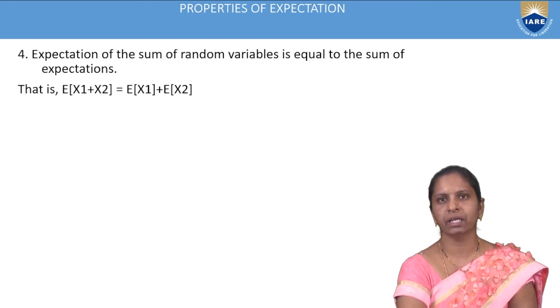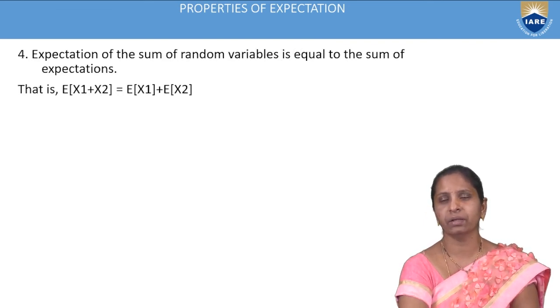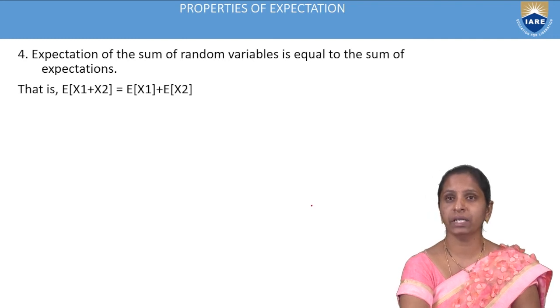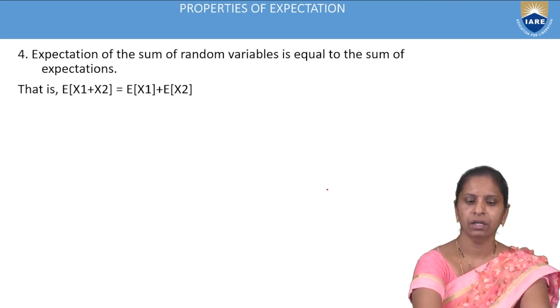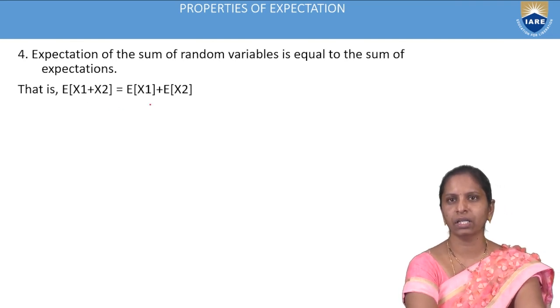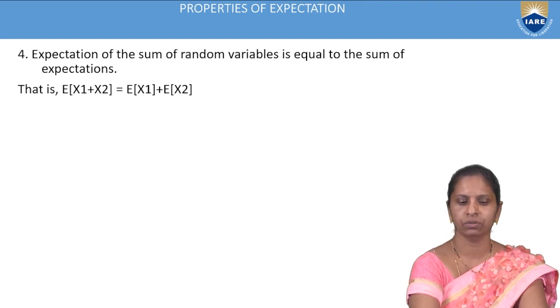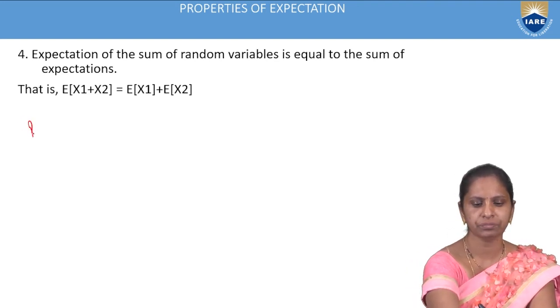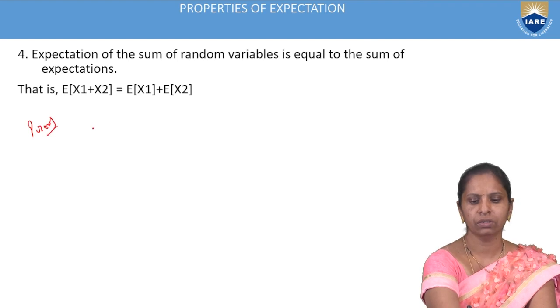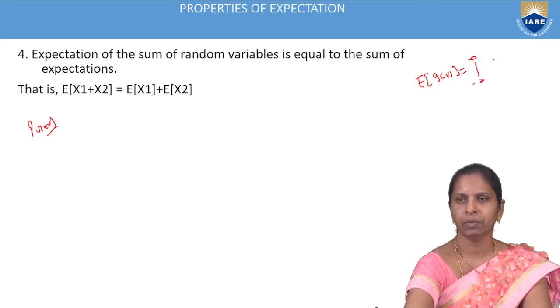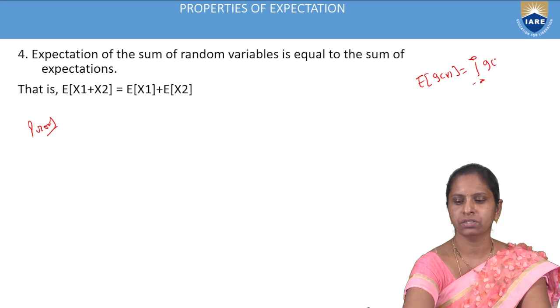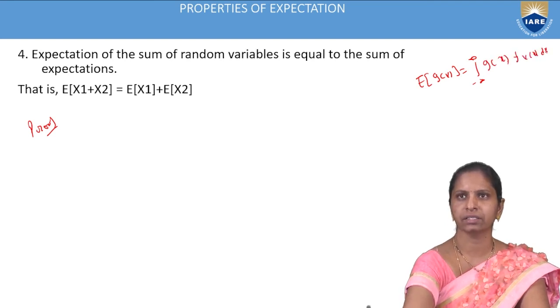Coming to the fourth property, the expectation of the sum of random variables is equal to the sum of the expectations of the individual random variables. That is, E of X1 plus X2 is equal to E of X1 plus E of X2. How do you prove this property? The expectation of a function of the random variable is the integration from minus infinity to infinity of g of x into f of x dx.